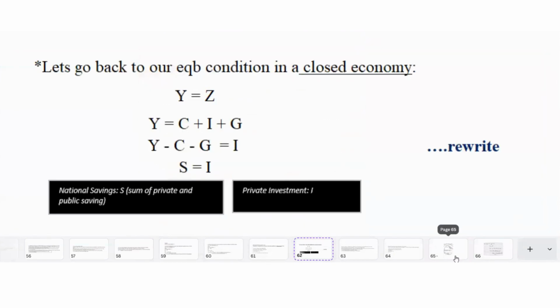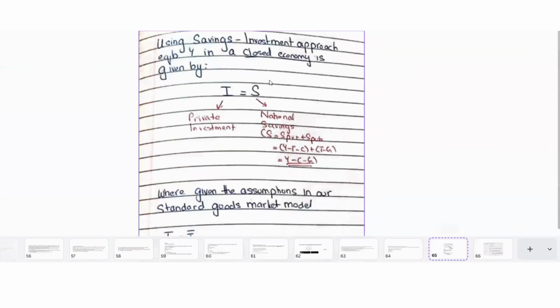We talked about I is equal to S, where I is private investment, S is national savings. We already saw this is the sum of private and public savings, and this simplifies to Y minus C minus G. The key thing to remember is that equilibrium Y in a closed economy using the savings investment approach is I is equal to S, where I is private investment, S is national savings, and these national savings are Y minus C minus G.